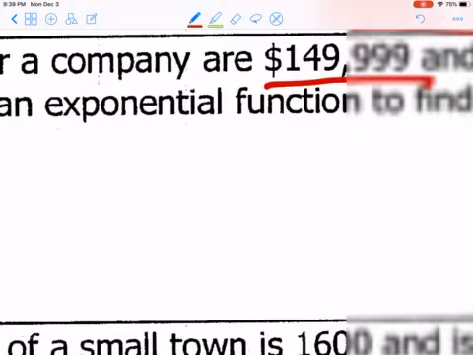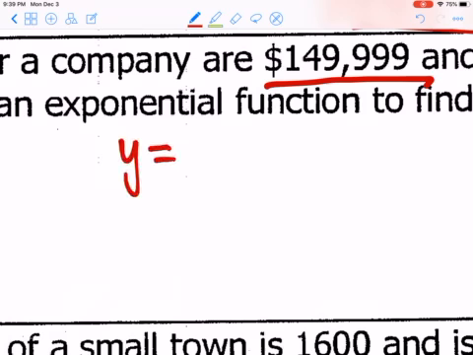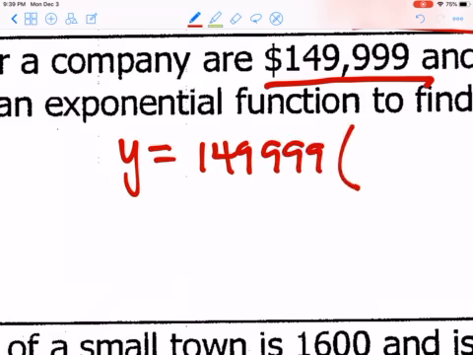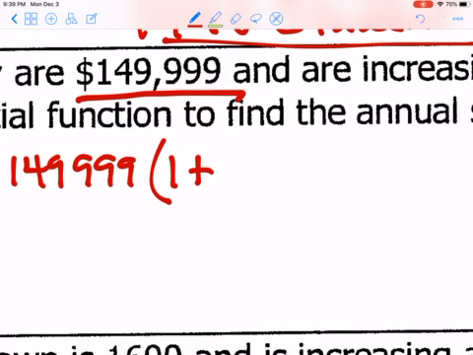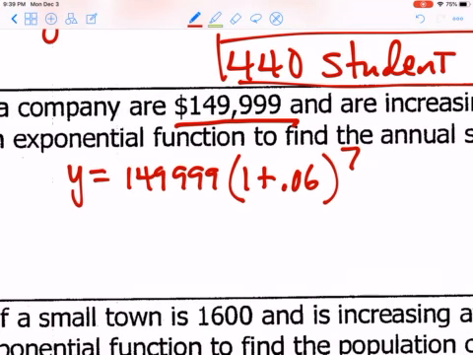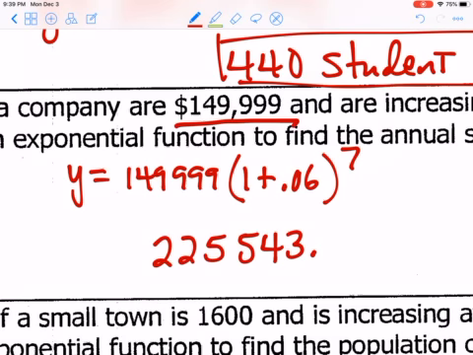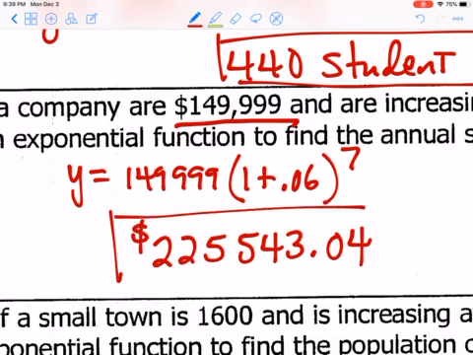We write our equation, Y equals 149,999, 1 plus that rate of 0.06, and we raise it to 7. When we put this in the calculator, we should get 225,543.04. And this one is also money.